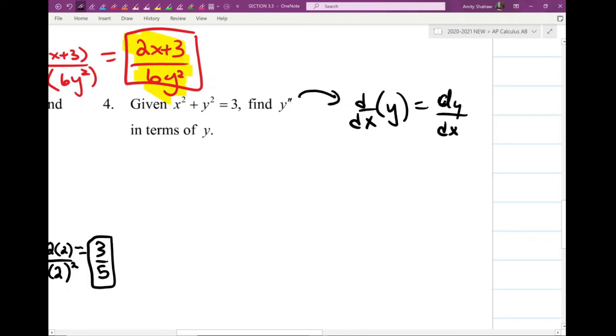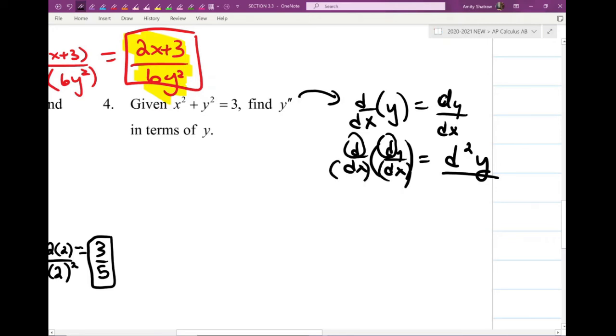But if I take the derivative again, d dx of dy dx, it really works like this. The d's get squared because there's a derivative d and a derivative d up here, and I square those. The dx's get squared together, so I see a dx squared.